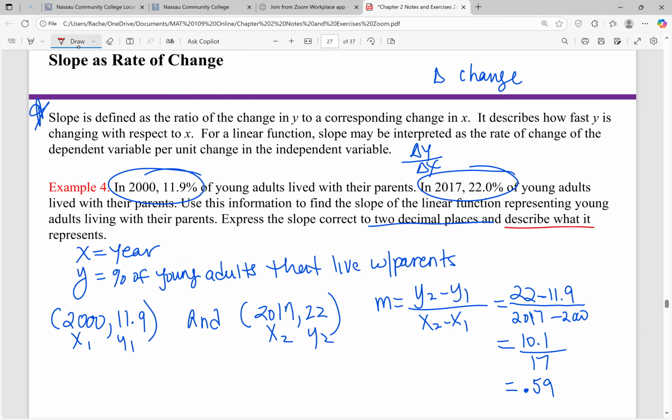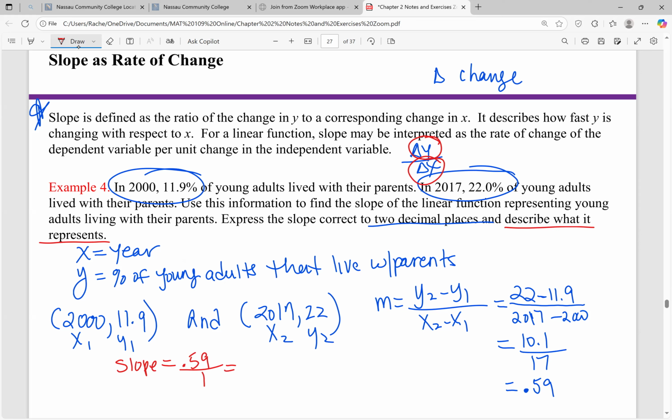But let's describe what it represents in the context of this situation, right? So the slope equals 0.59, and we could put it over 1, because we always want to look at it as a comparison or a rate of change. So remember, the numerator represents the change in the y values. The denominator represents the change in the x values.